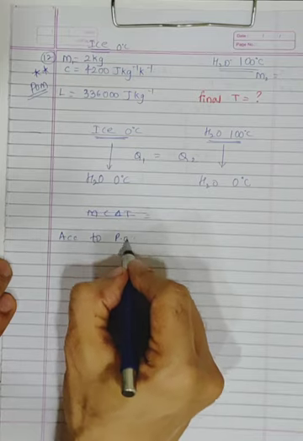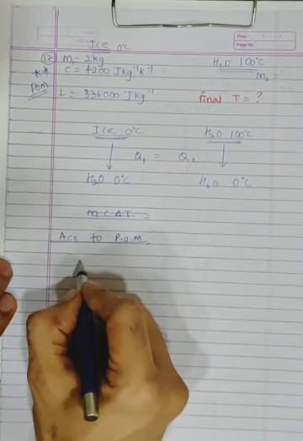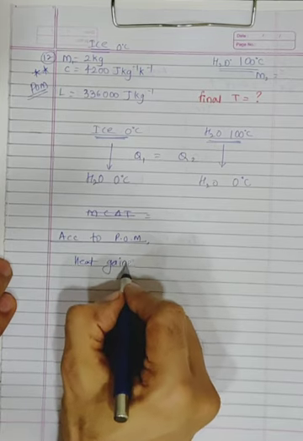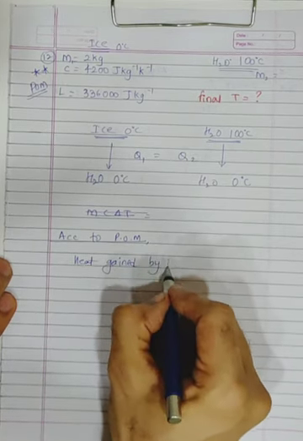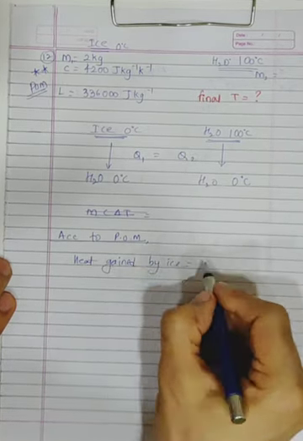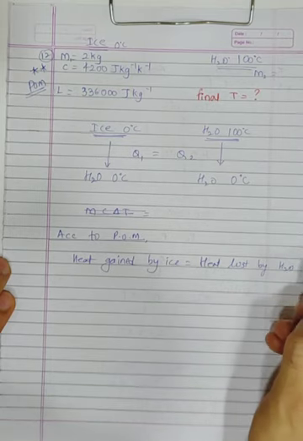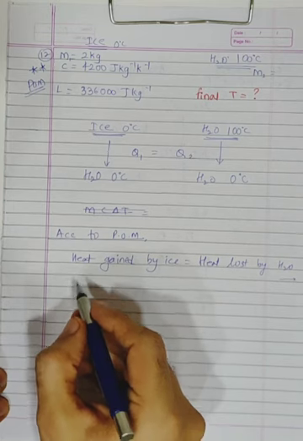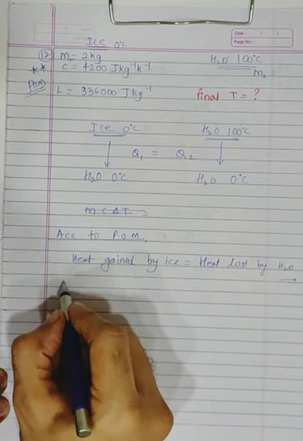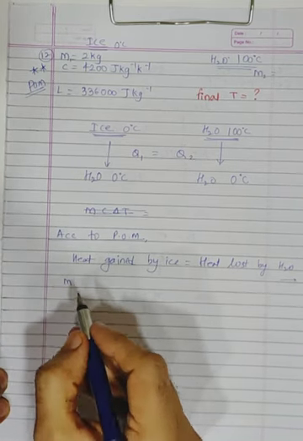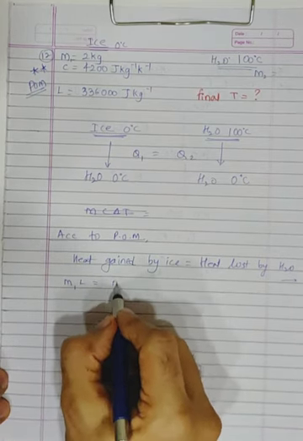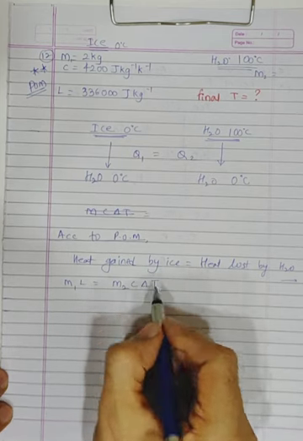According to the principle of mixtures, heat gained by ice is equal to heat lost by water, assuming no heat is lost to the surroundings. You have to write that statement also. Now what is the heat gained by ice? It will be mL. What will be the heat lost by water? It will be mc delta T.